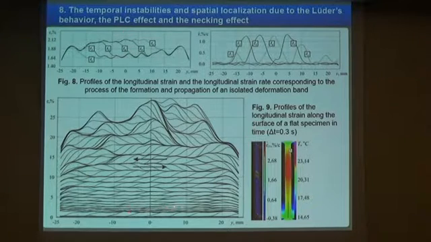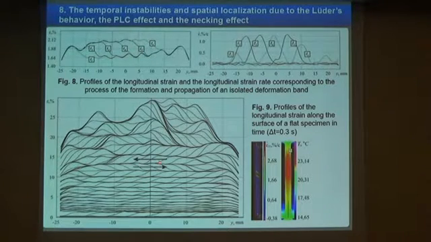If we draw a set of these profiles during all loading from the start to the post-critical deformation stage, we can see that sometimes we have a leveling of the strain field.